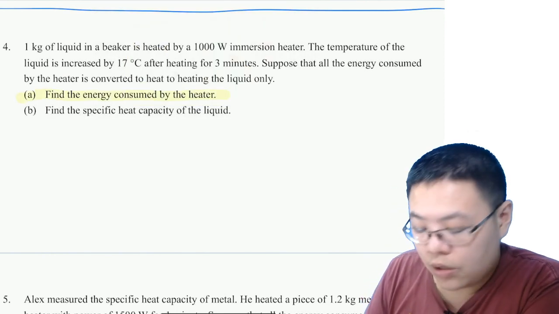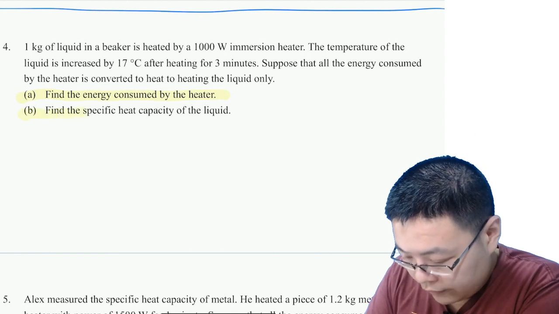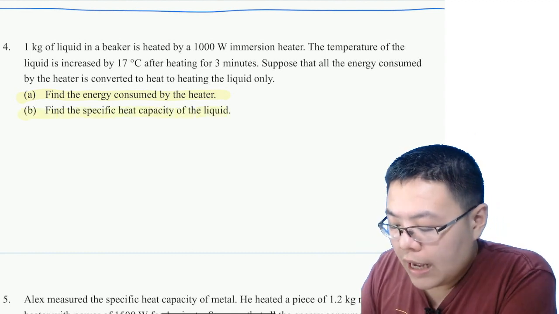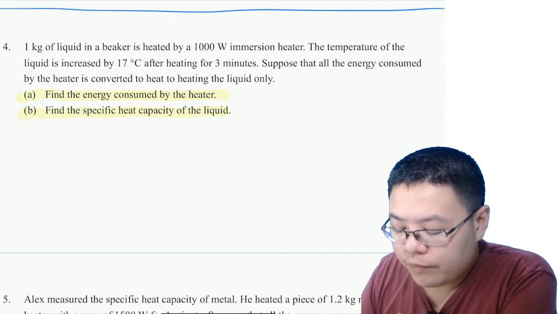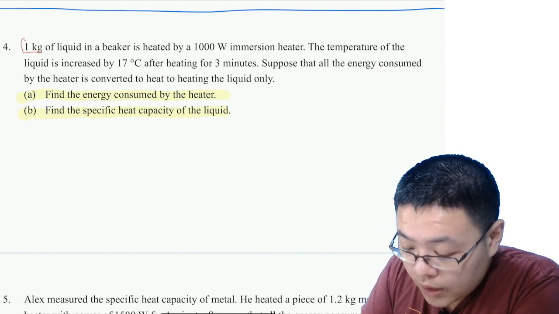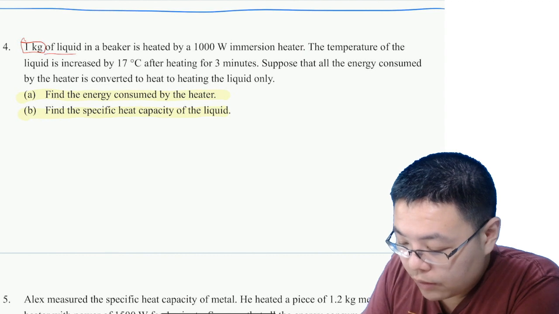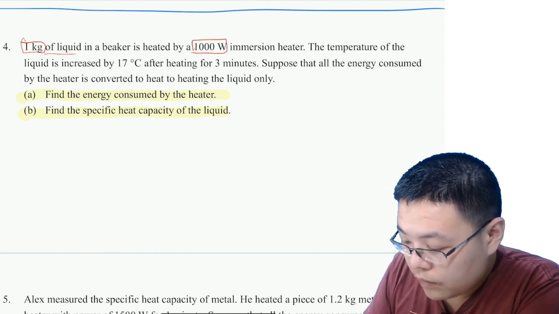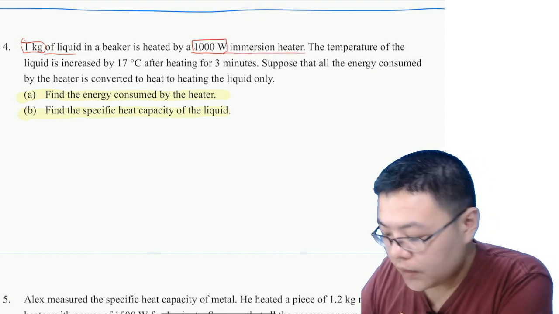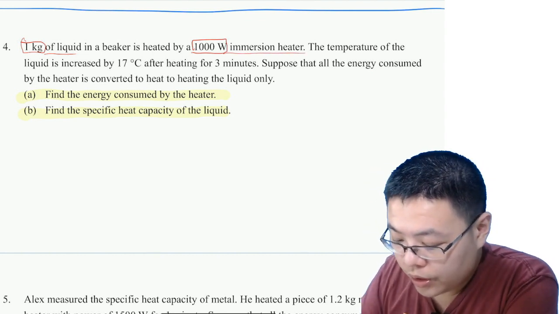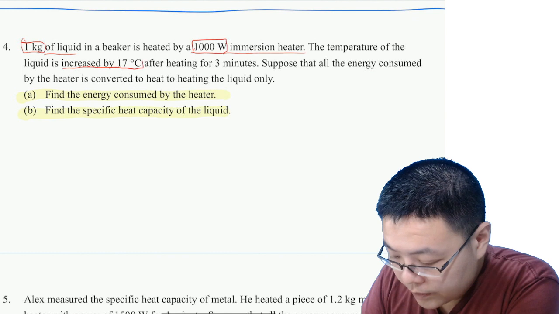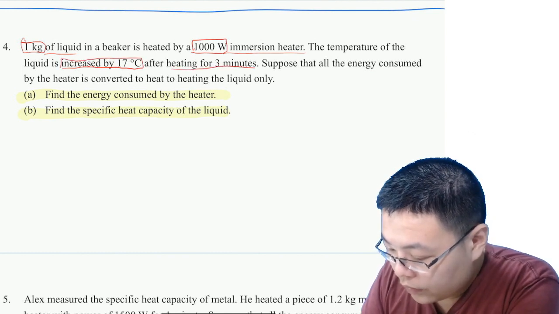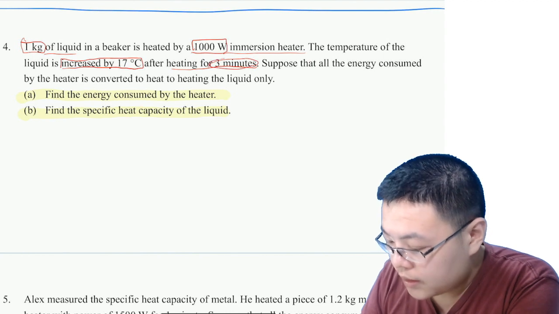Find the energy consumed by the heater and find the specific heat capacity of the liquid. And now we have a look at what information is being given. Okay, we have 1 kilogram of liquid in a beaker heated by a 1000 watt heater. Okay, the temperature is increased by 17 degrees Celsius after heating for 3 minutes.